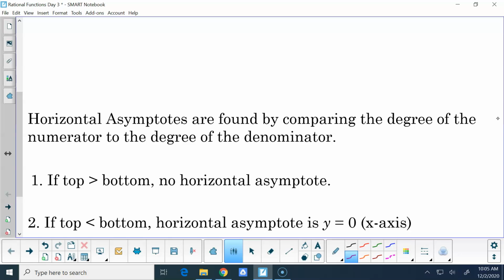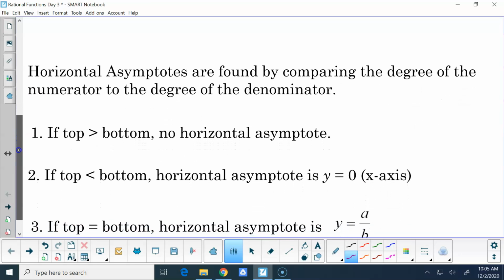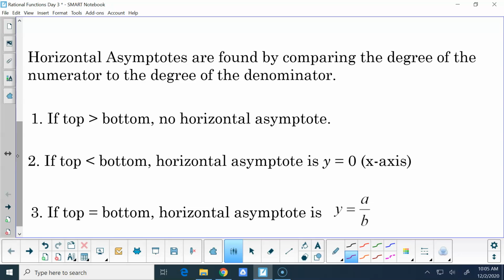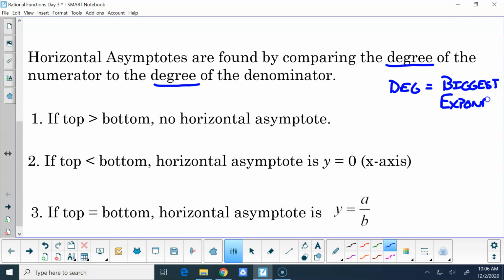We look at the degrees of the numerator and denominator. So the degree, remember, is the biggest exponent. So you're looking at the biggest exponent on the top, and you're comparing it to the biggest exponent on the bottom.